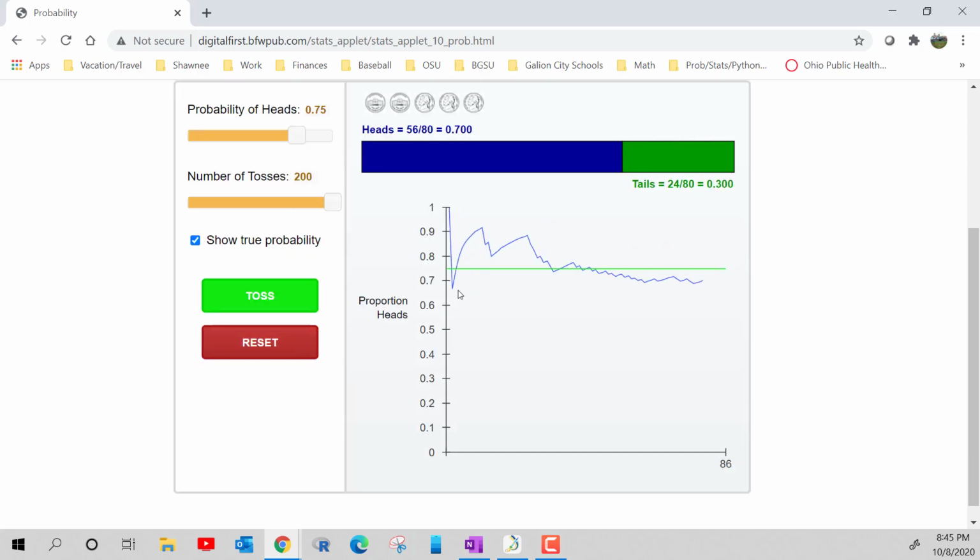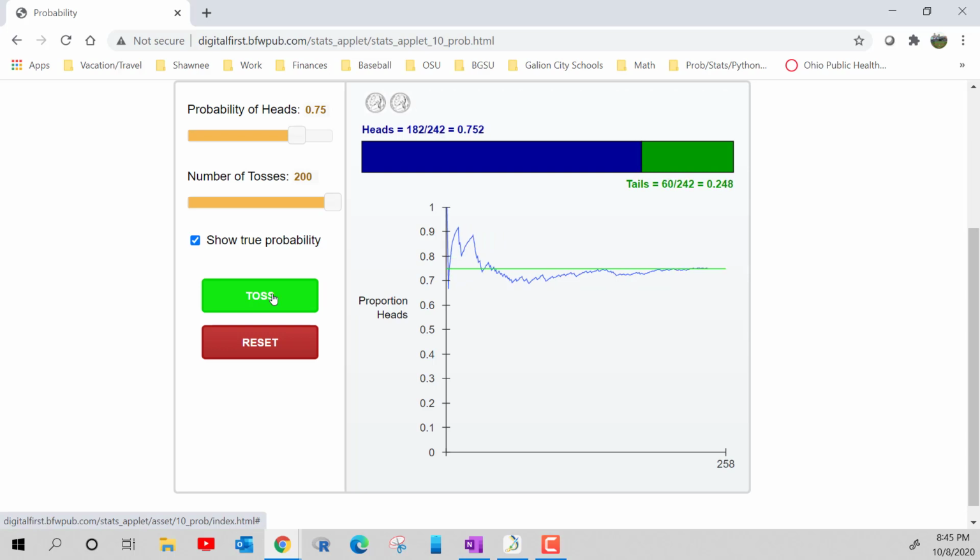And you can see again, initially it's kind of wild, going up and down. And then the more tosses I do, it's going to get closer and closer to that true probability.